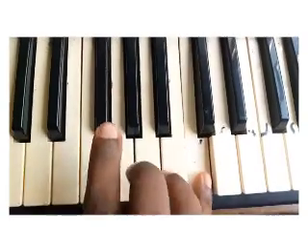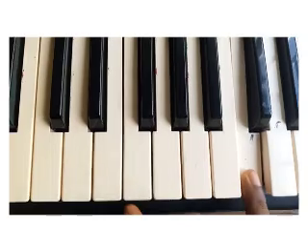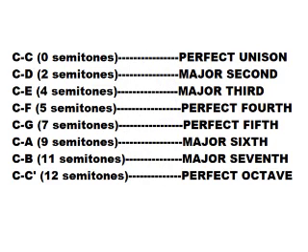A perfect octave, which is 12 semitones. So you know the intervals: perfect unison, major second, major third, perfect fourth, perfect fifth, major sixth, major seventh, and perfect octave. That is how intervals are calculated.